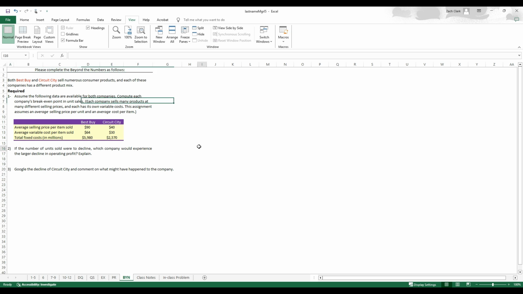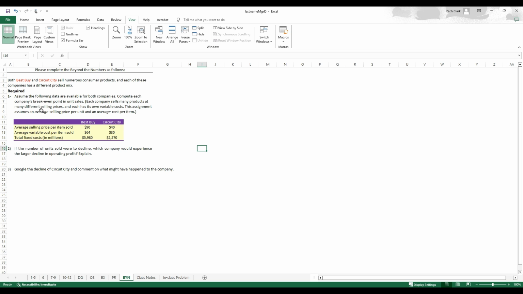Okay, so in our Beyond the Numbers problem, let's take a look at this. Both Best Buy and Circuit City sell numerous consumer products. Each of the companies has a different product mix. Assume the following data are available for both companies. Compute each company's break-even point in unit sales.